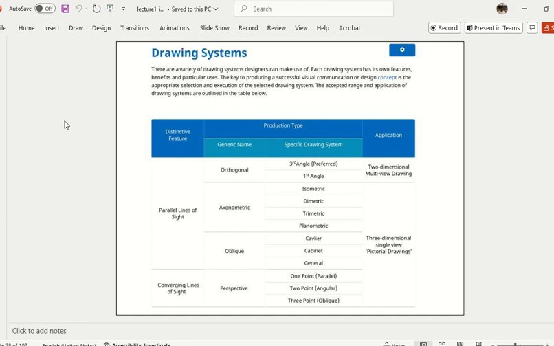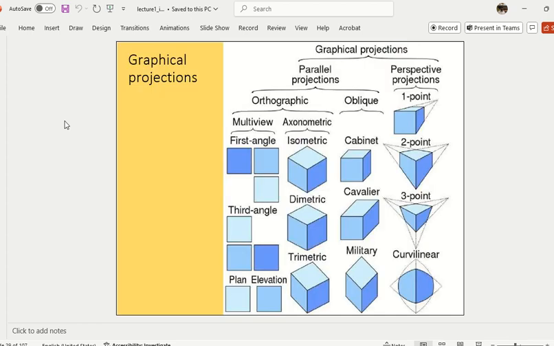Clear? For 3D drawings, we have one system called axonometric, another one oblique, and the third one is perspective. So for 2D, only orthogonal. For 3D, we have three options. And in each option, we have three different arrangements, different styles. To make it more clear, this one is better.